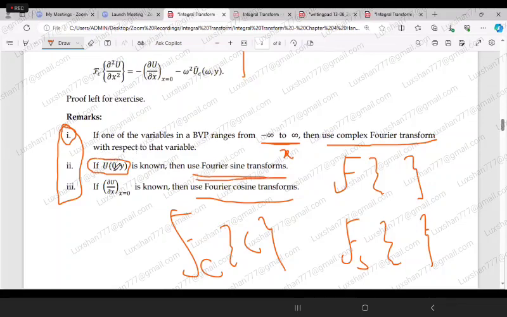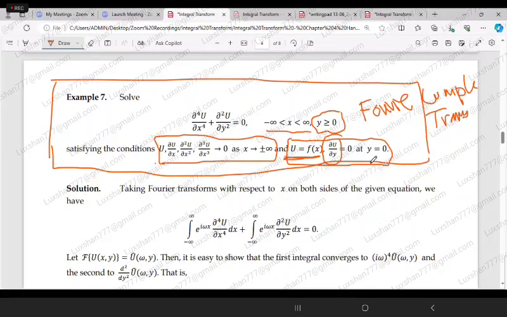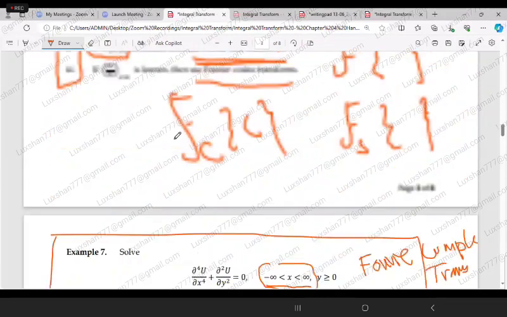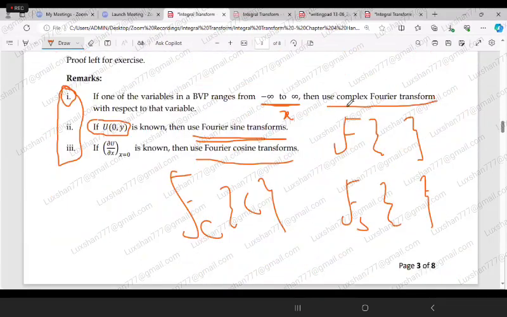In the earlier example, we didn't know u(0, y). Here actually we know only u(x, 0), and one variable is from minus infinity to plus infinity. Therefore, we want to use the Fourier complex transform.